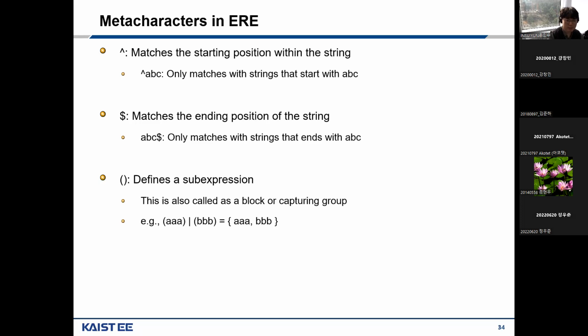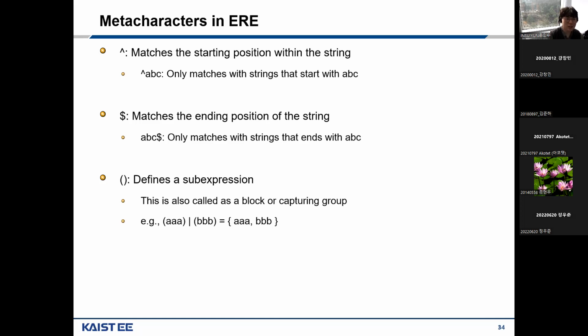So for example, if you have the string 11ABC, and your regular expression is cap ABC, then the ABC inside of this string would not match with this regular expression, because it does not start with the ABC. The cap is used for that.